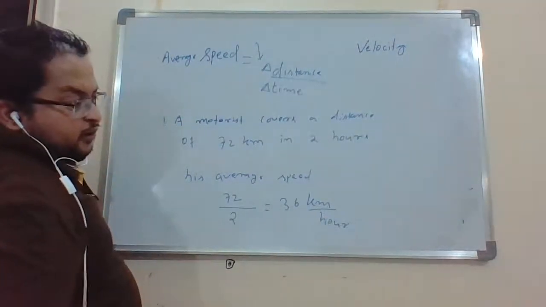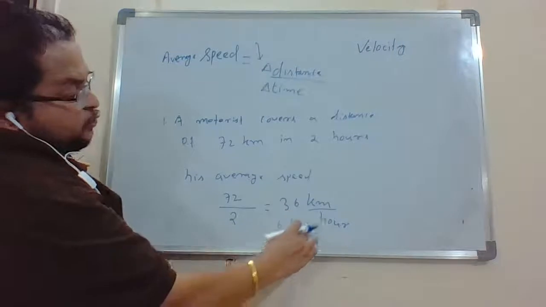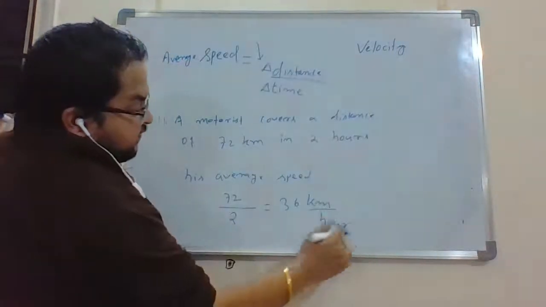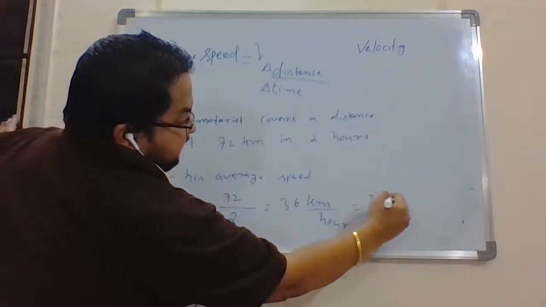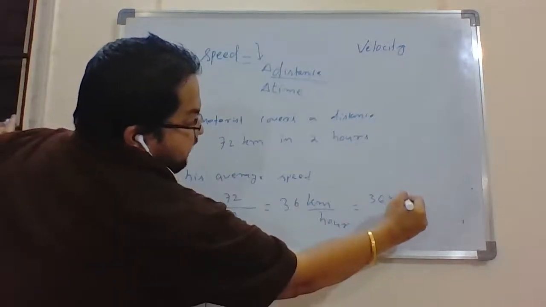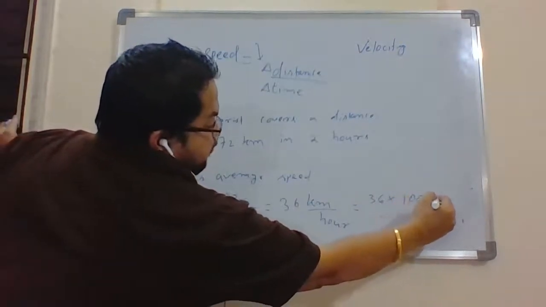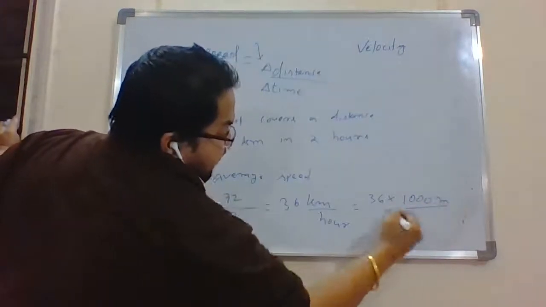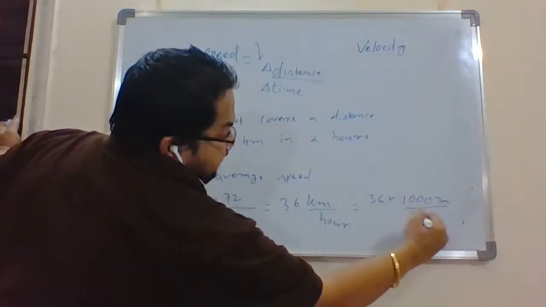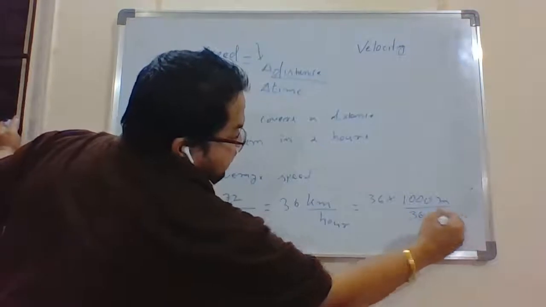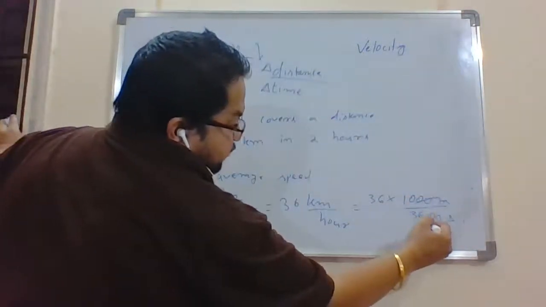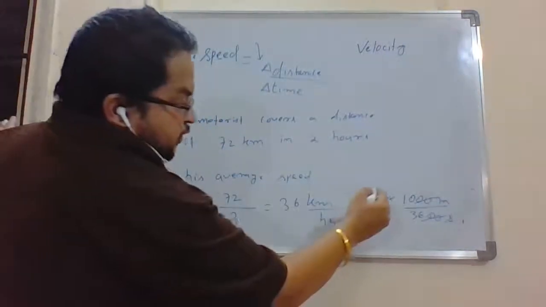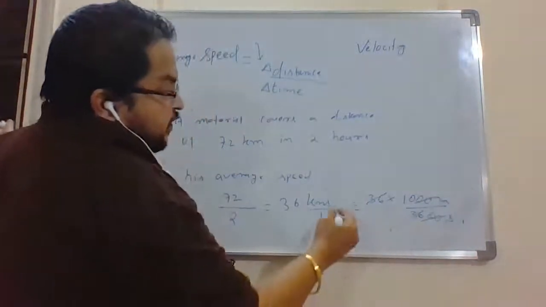Or if you want to convert it into meter per second, then you can do 36 into 1 kilometer is 1000 meter, by 1 hour is 3600 second. So these two zeros and these two zeros cancel out, 36 cancels out.